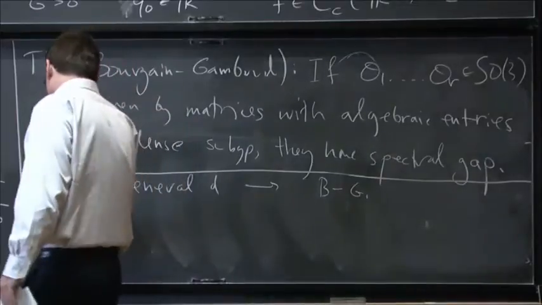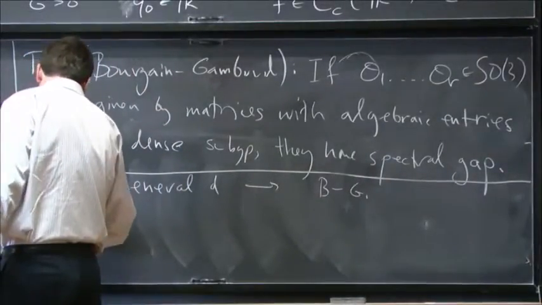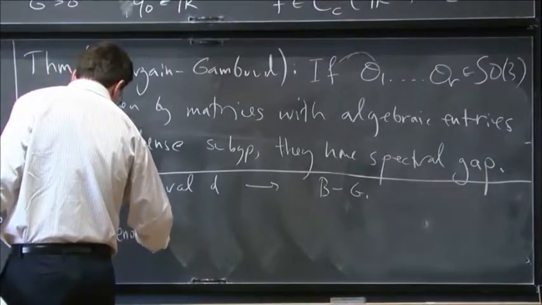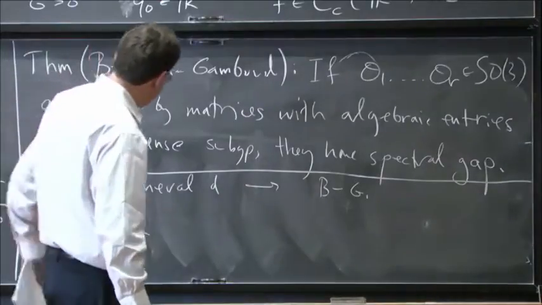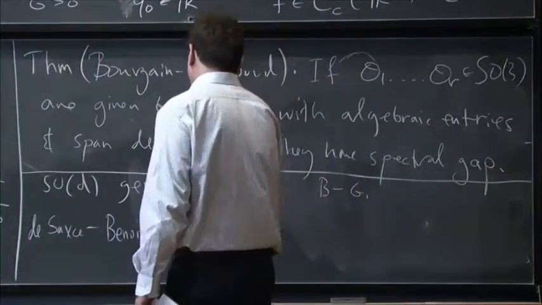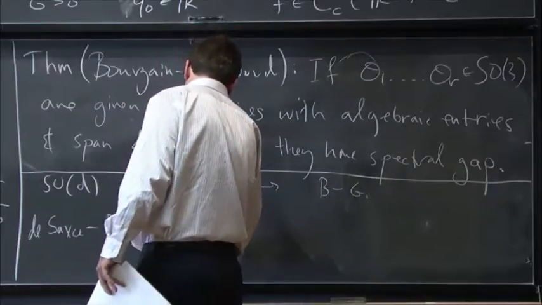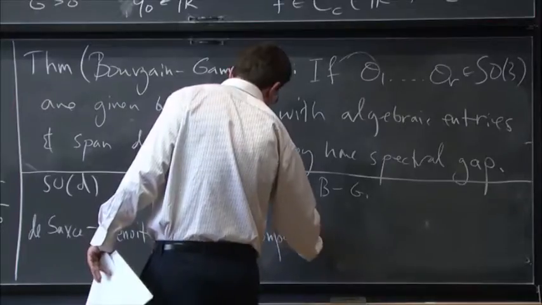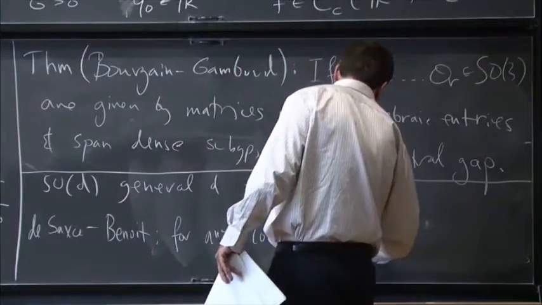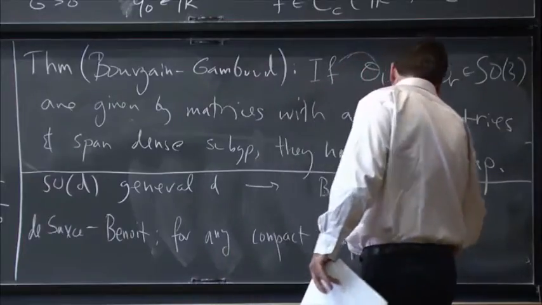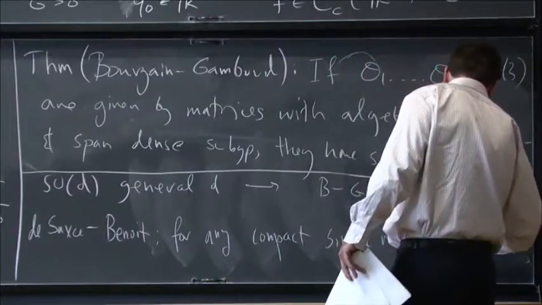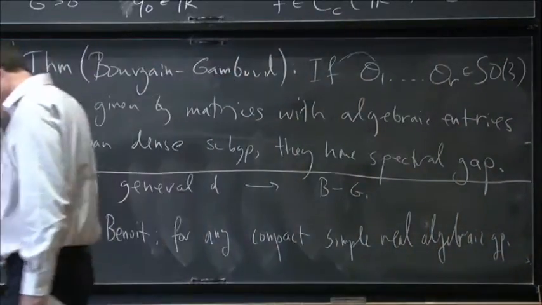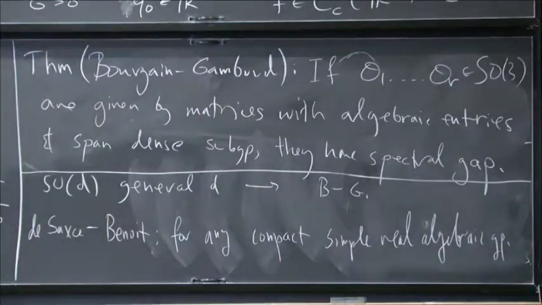And actually very recently, Benoist and de Saxcé proved this statement for any compact simple real algebraic group. This requires initially the local ring conjecture. They're using all those tools.